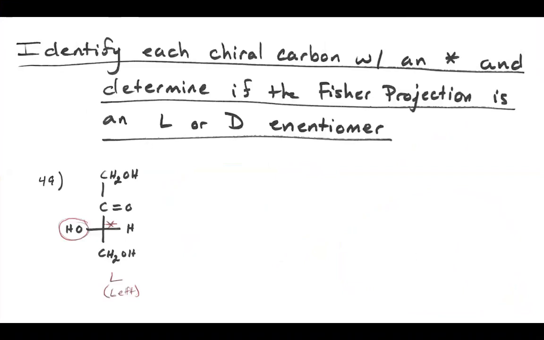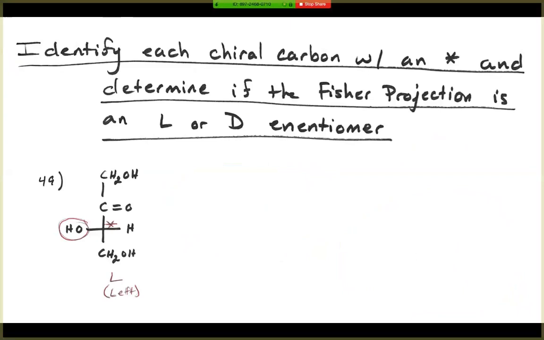All right, so identify each chiral carbon with an asterisk, and then determine if the Fischer projection is an L or D enantiomer. When we're looking for chiral compounds, you ask the question, does it have 4 unique substituents?